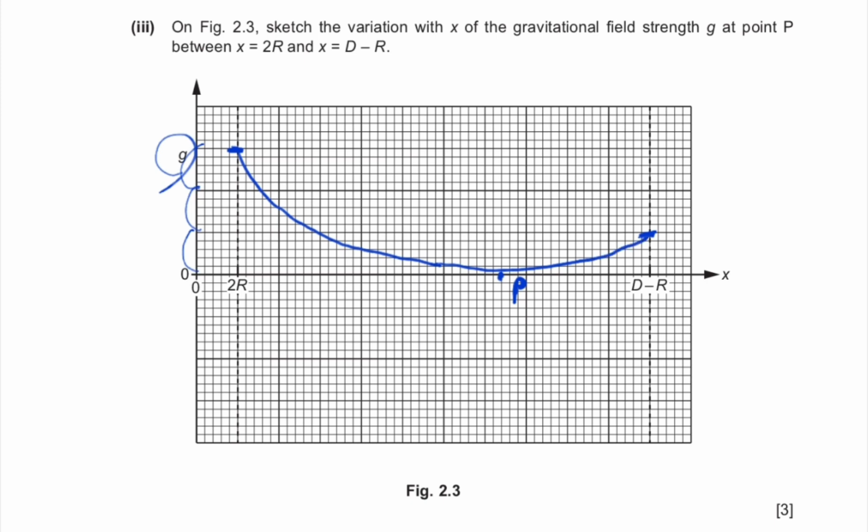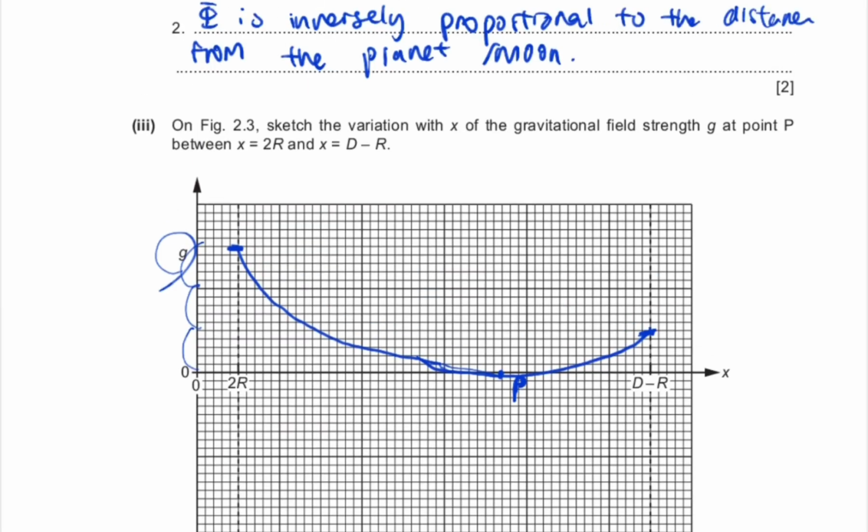Because gravitational field strength usually doesn't deal with the direction in which it's pointing. So this could be the final answer for your graph. Now, if they wanted you to write down something for the gravitational force, then it would have to go in opposite directions, because force does require signs to be attached so that you can know the direction.